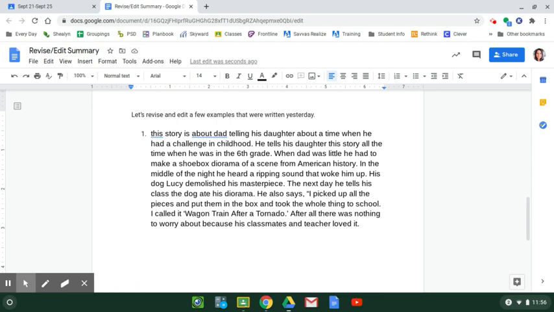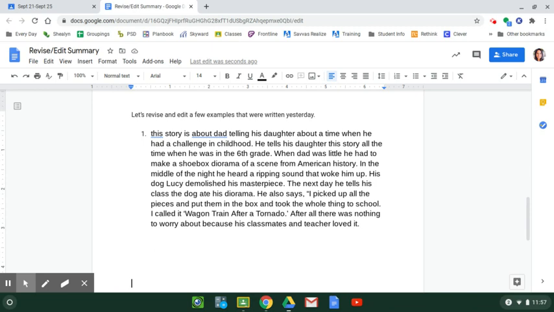In the middle of the night, he heard a ripping sound that woke him up. His dog Lucy demolished his masterpiece. The next day, he tells his class the dog ate his diorama. He also says, quote, I picked up all the pieces and put them in the box and took the whole thing to school. I called it Wagon Train After Tornado. After all, there was nothing to worry about because his classmates and teacher loved it. Okay, so there's a little bit that needs to be revised and edited.